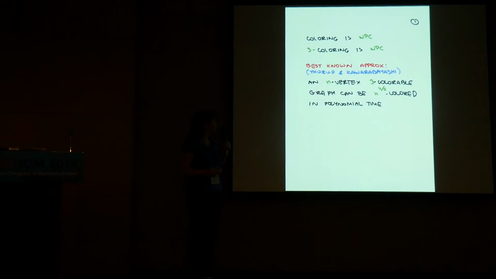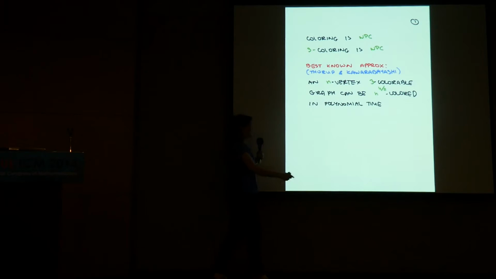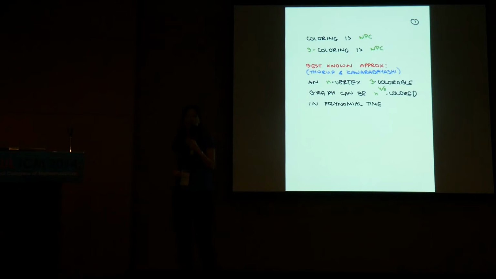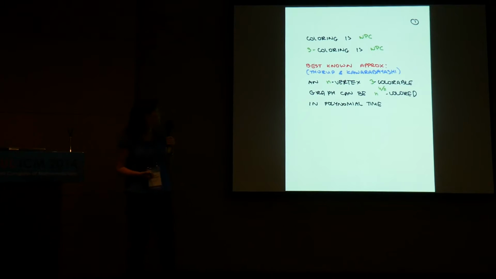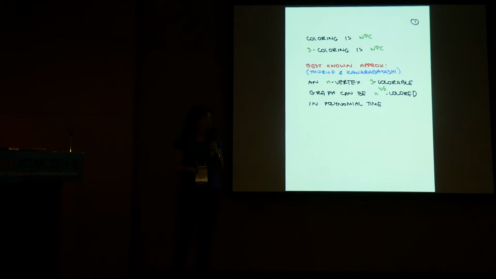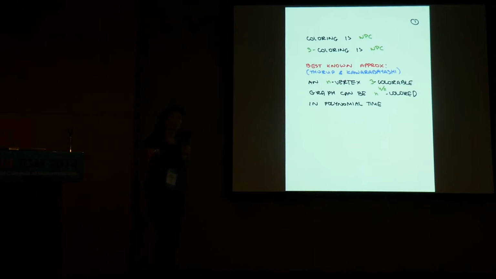If I give you a graph and I tell you it's 3-colorable, and I ask you to color it with some not very large number of colors, then the best you can do is n to the power 4 over 11, where n is the number of vertices. And that's the result of Thorup and Kawarabayashi. All right, so probably you knew, and if not, maybe I've convinced you that coloring with more than 2 colors is a difficult problem.